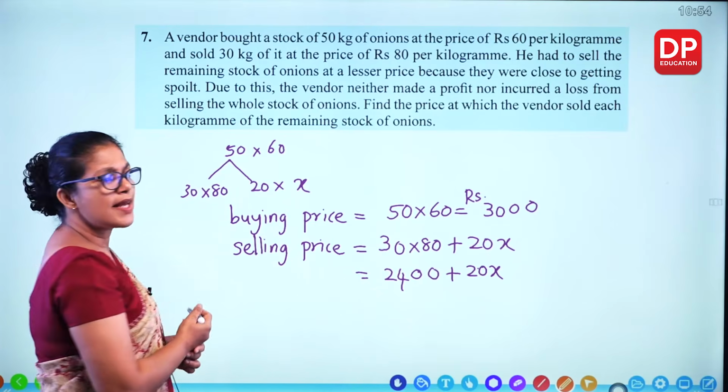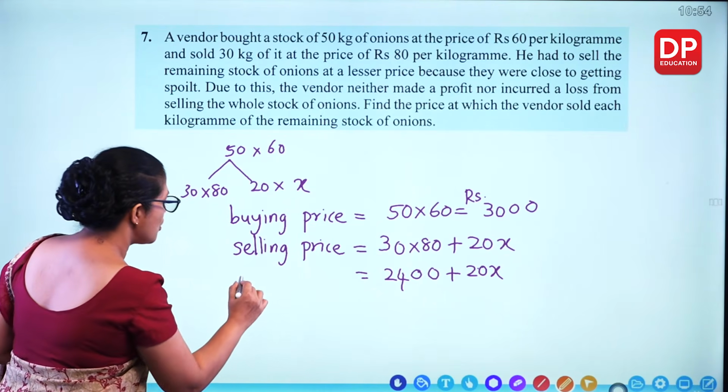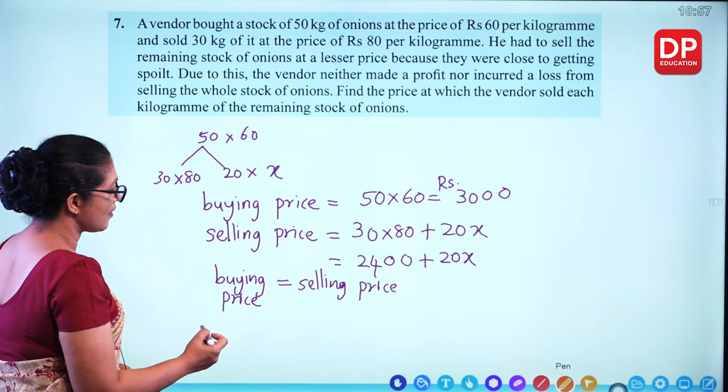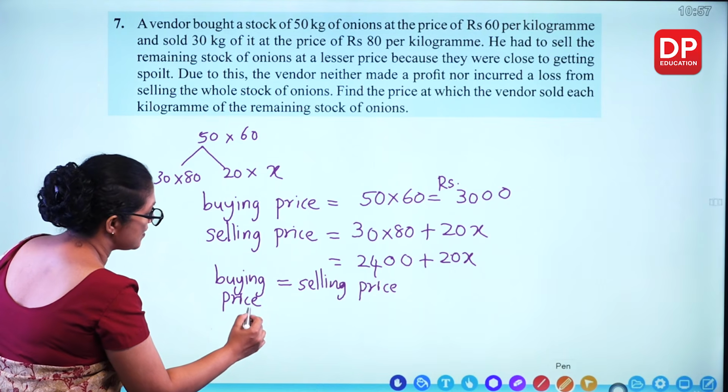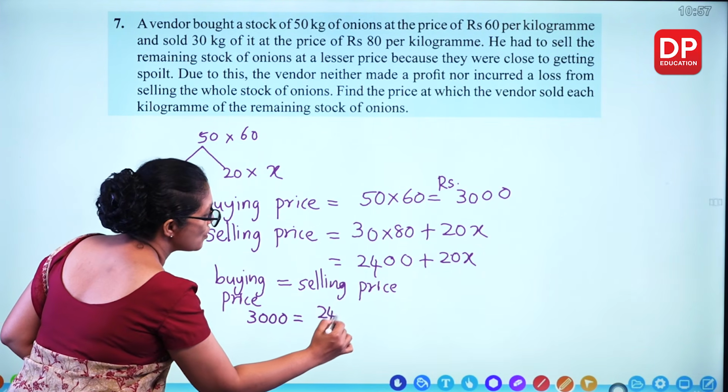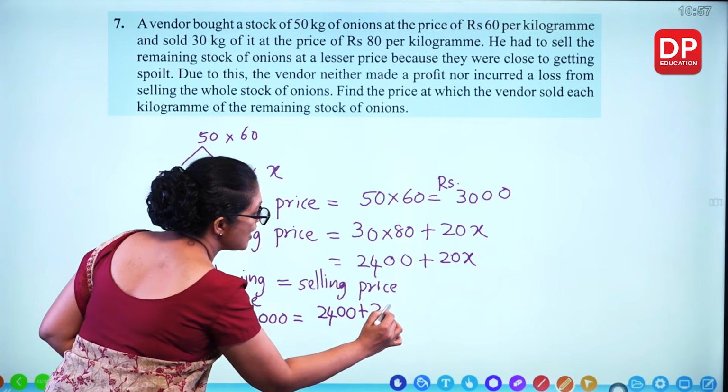Now both are the same. Buying price should be equal to selling price. Buying price is 3,000 and the selling price is 2,400 plus 20x.